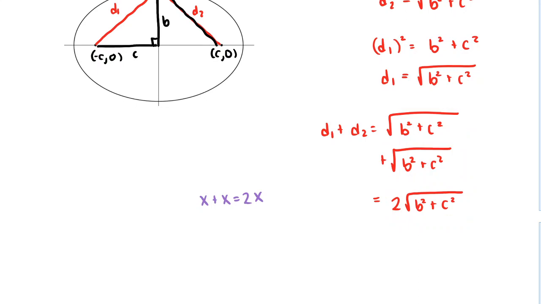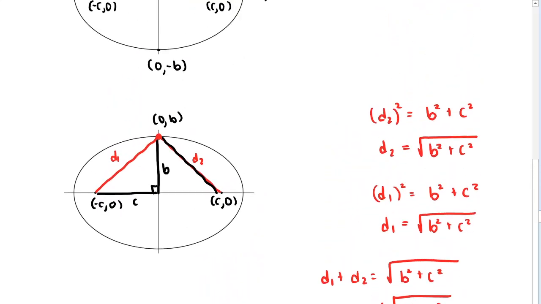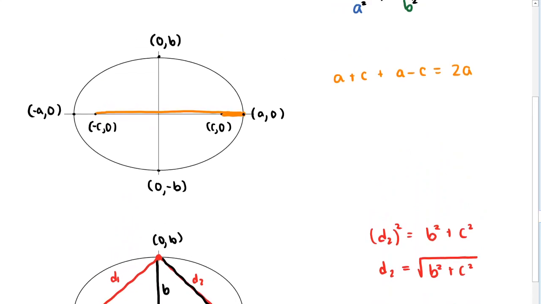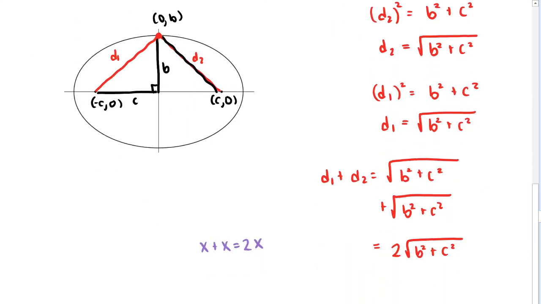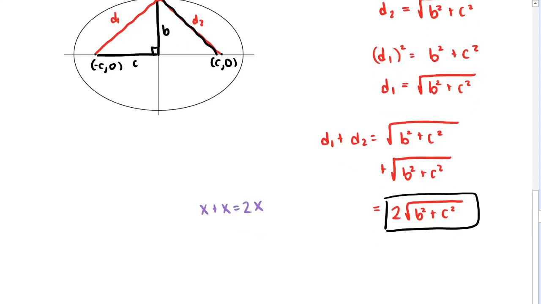And so we're saying that this sum here should be the same as the sum we got above, right? That's the definition of an ellipse: I take any point on our ellipse, we add up the distances between that point and the two foci, and we'll get the same amount every time. And so here, 2a ought to be the same as 2 times the square root of b squared plus c squared.